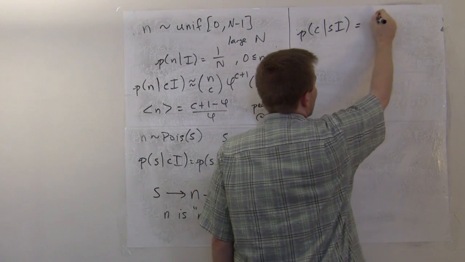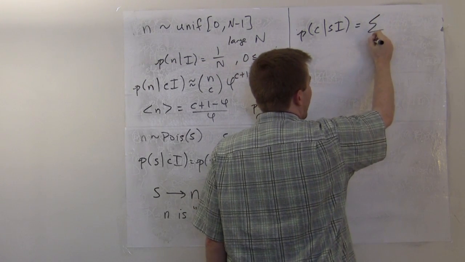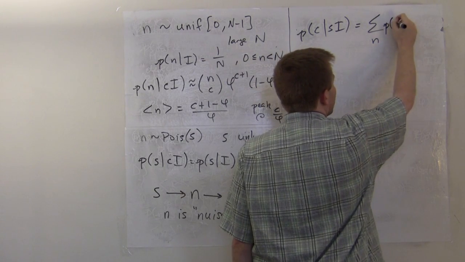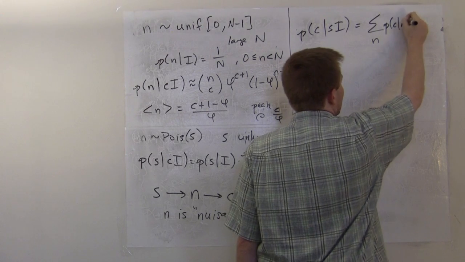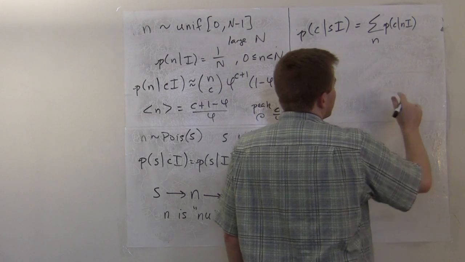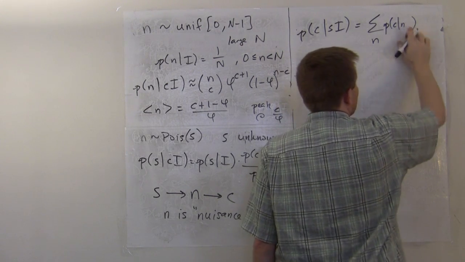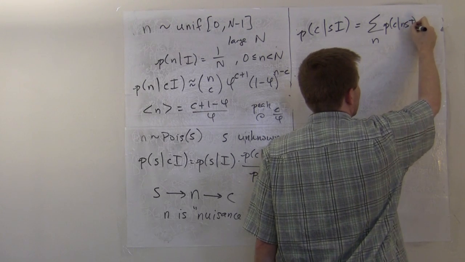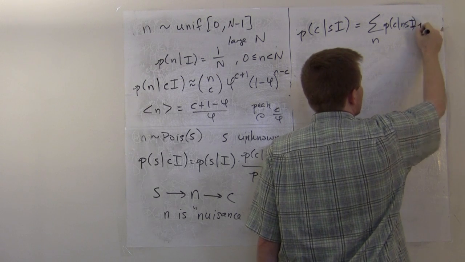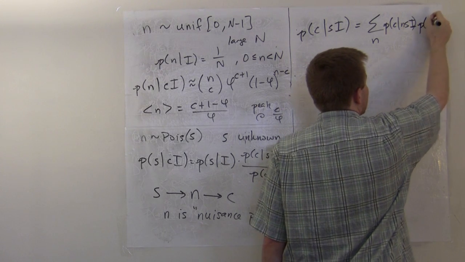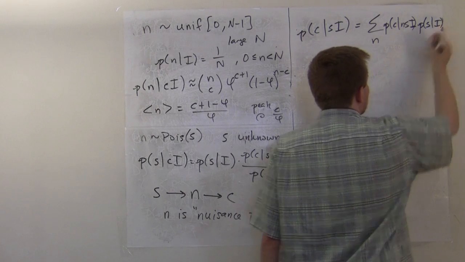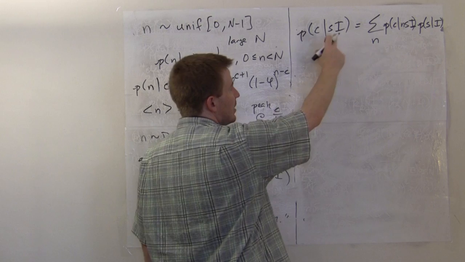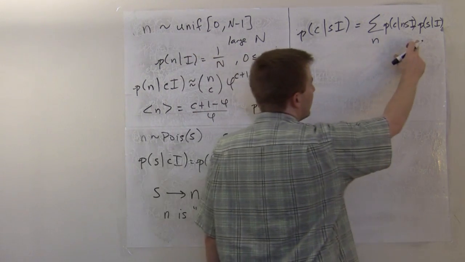What we would do is take the sum over all n values of the probability of the data conditional on n, times the probability of n given s.